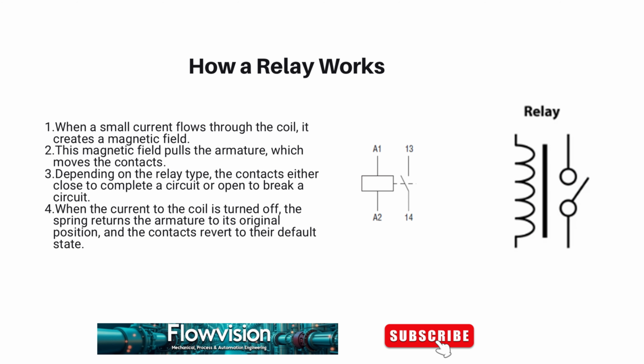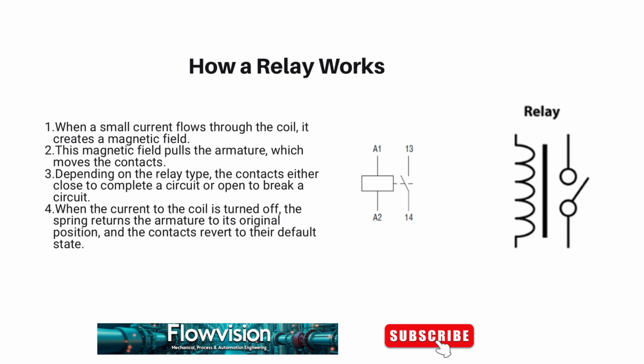For example, the switch that you can see there is open, and if the coil is not energized, that's its natural state, and we call that a normally open contact. The normally open is the state of the relay when it is not energized.